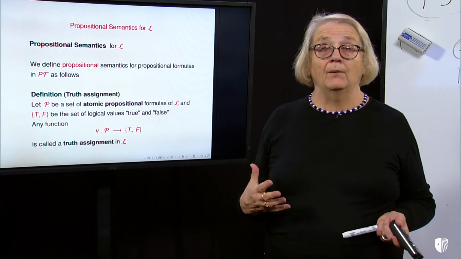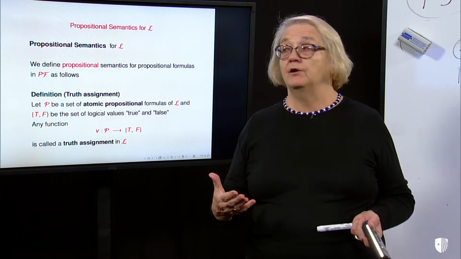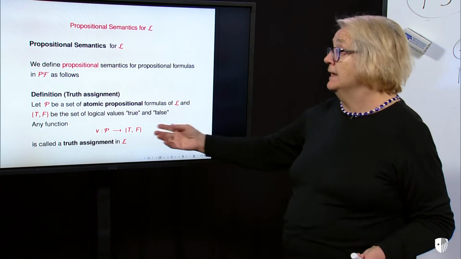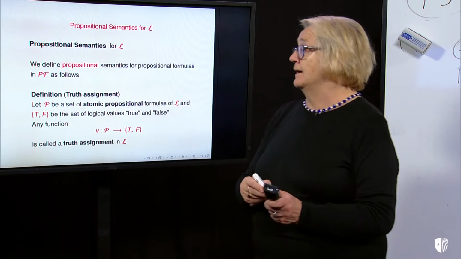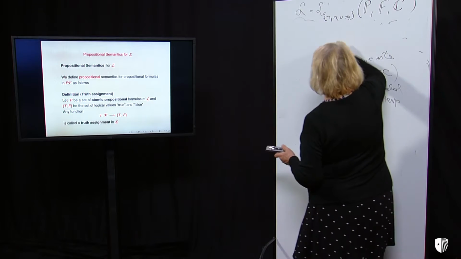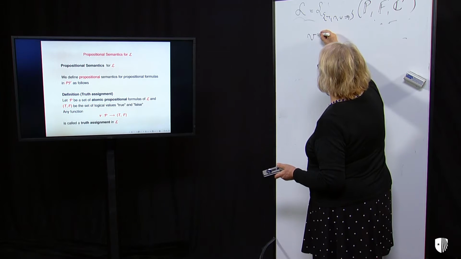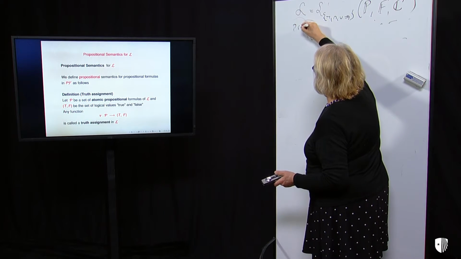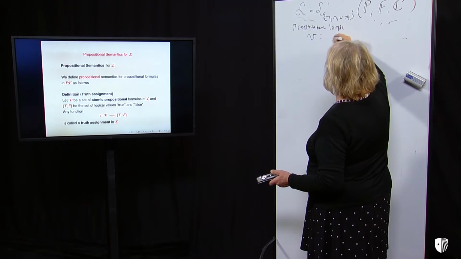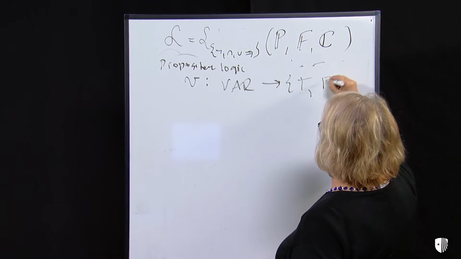And now we define, similarly as we did in propositional logic, a definition of a truth assignment. So now a truth assignment, if P is the atomic propositional formulas. How did we have it in propositional logic? A truth assignment in propositional logic takes propositional variables into TF.